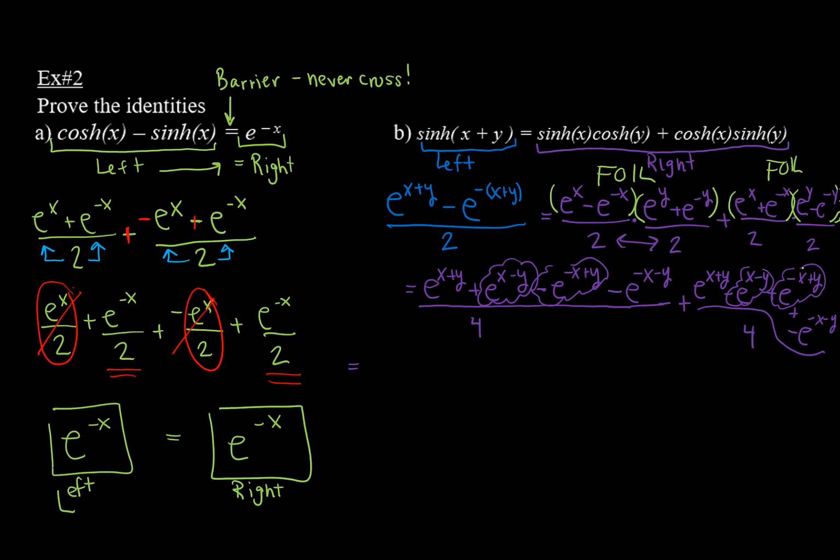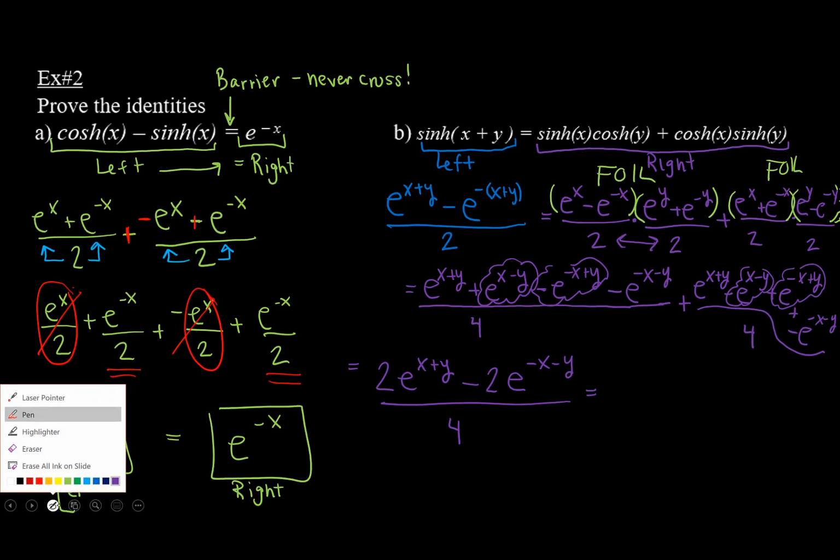And the other two are like terms. So I'm going to have 2 e to the x plus y minus 2 e to the negative x minus y over 4.